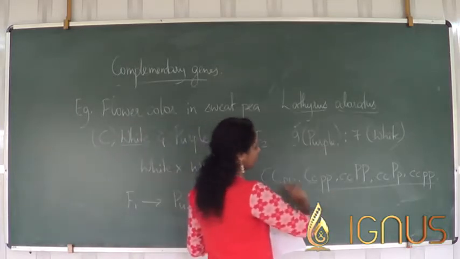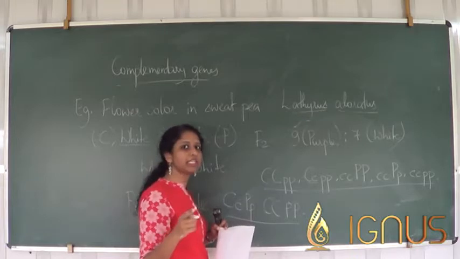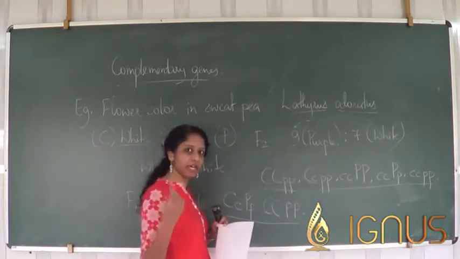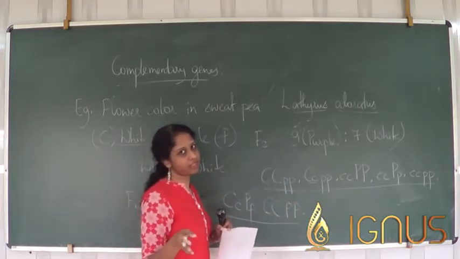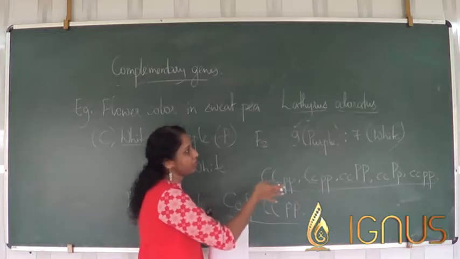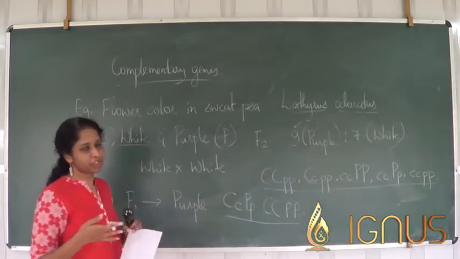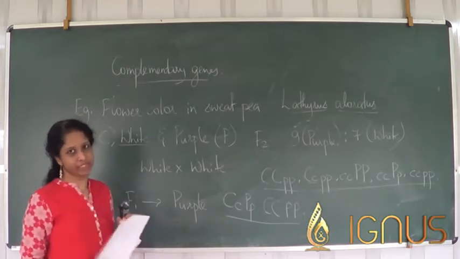If it is a genotype where only one of the genes is in a homozygous or heterozygous dominant type, and the other gene is either homozygous or heterozygous recessive, then you're not going to have the purple color, but rather you would have the recessive phenotype, which is the white.